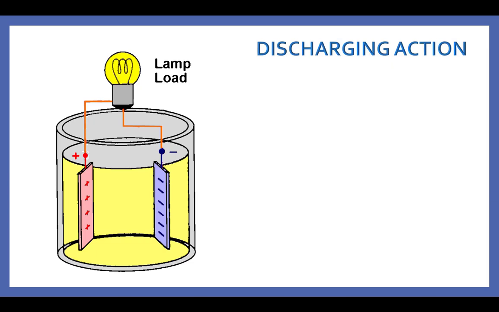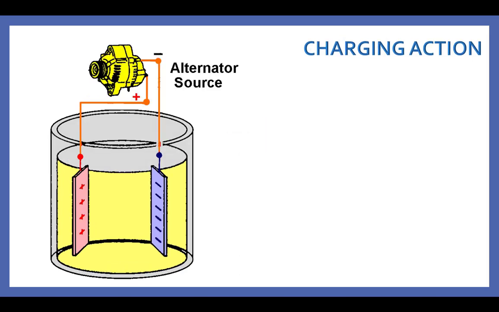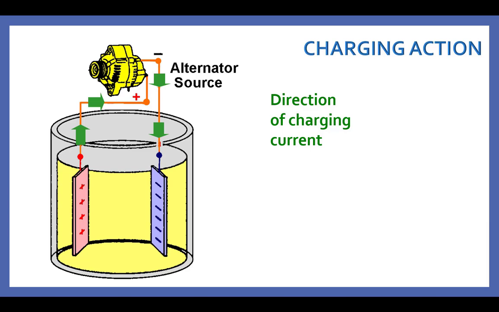The discharging action is when the electrons are moving away from the negative terminal, returning. But then if I'm going to charge it, here we're using an alternator, I'm going to charge it back, then the reverse direction occurs. The electrons are going back into the negative electrode.